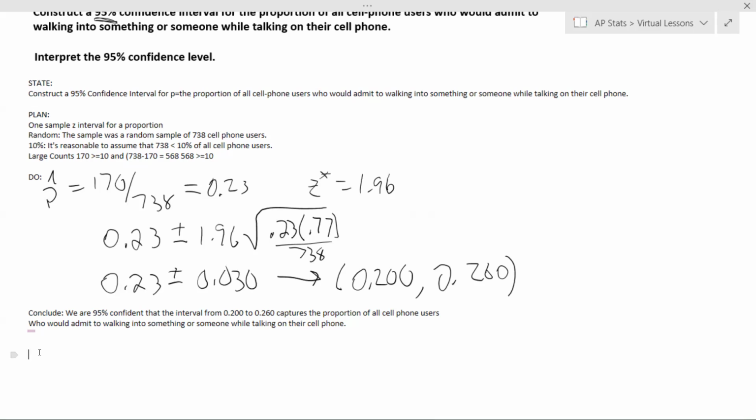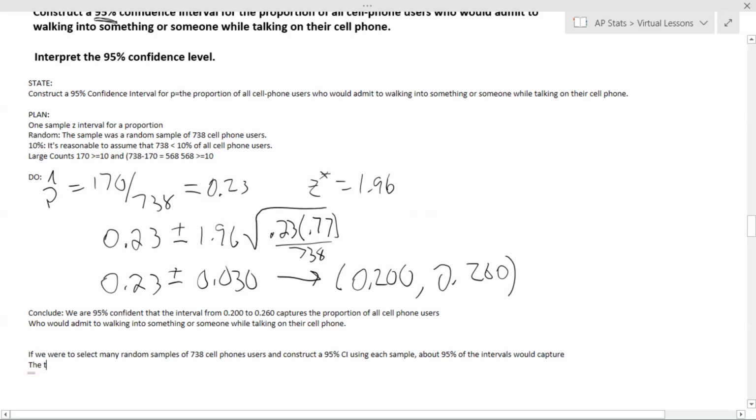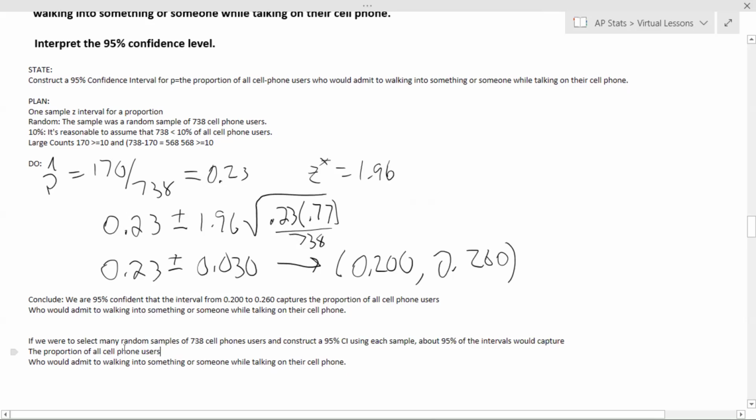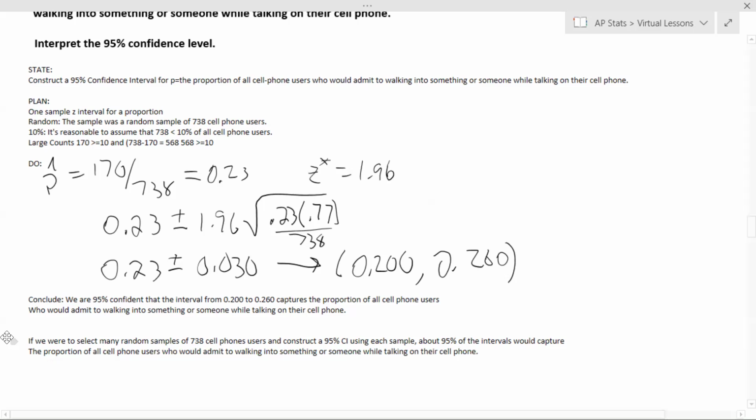So basically, we're going to say if we were to select many random samples of 738 cell phone users, it has to be the same sample size because you want to compare apples to apples, essentially, and construct a 95% confidence interval using each sample, about 95% of the intervals would capture the true proportion of all cell phone users who would admit to walking into something or someone while talking on their cell phone.